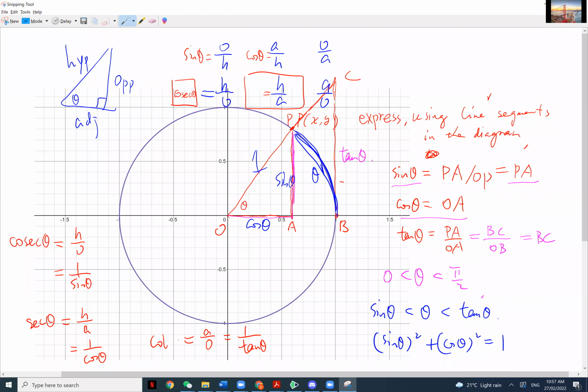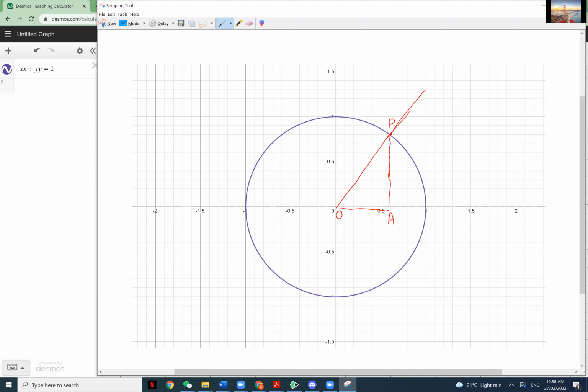We still have a point P. This is the unit circle, PA, OA, B, C. The part we just did: sine theta is the same as PA. Cos theta is the same as OA. Tan theta is the same as CB.